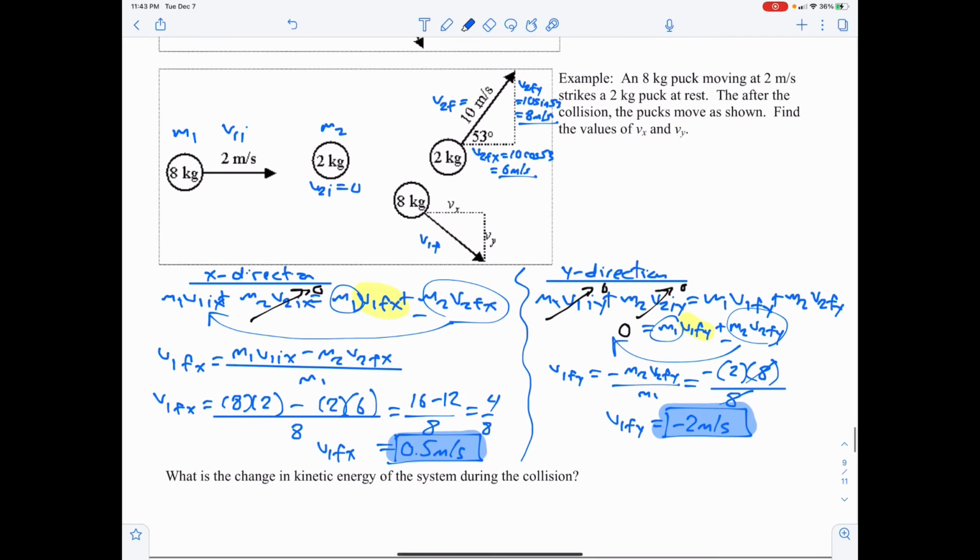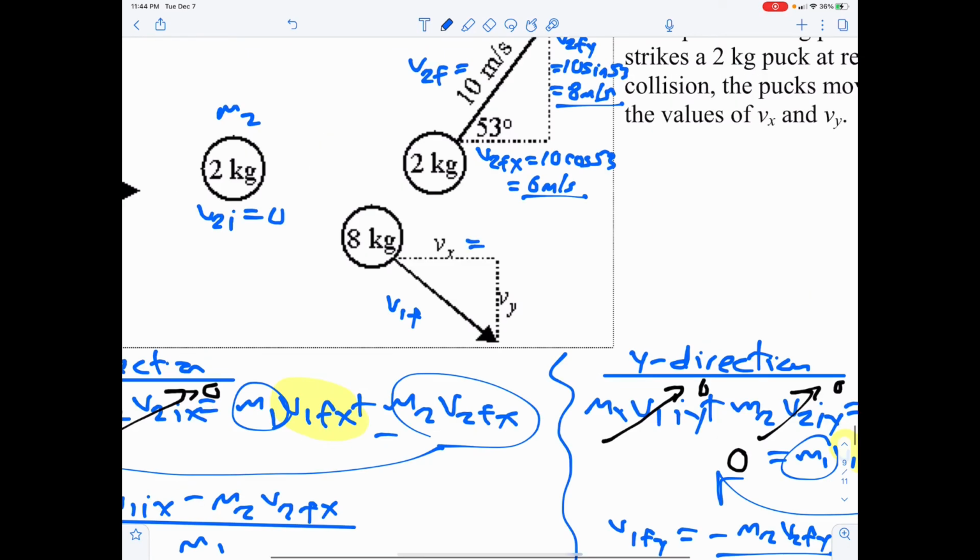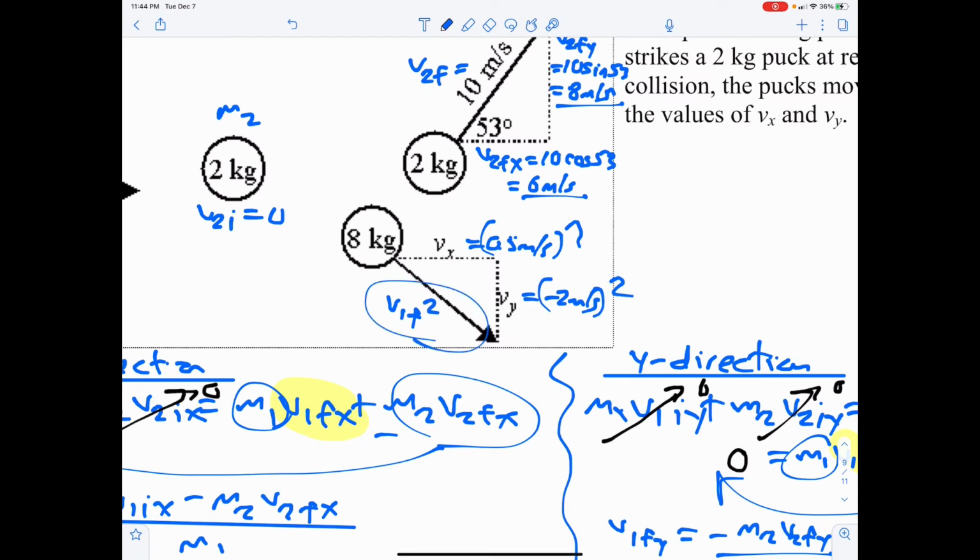The positive 0.5 just means it's going in the forward direction, like this. This is negative 2, which means it's in the downward direction. And if you were to do this squared plus this squared, it would equal that squared. It would help you find V1 final.